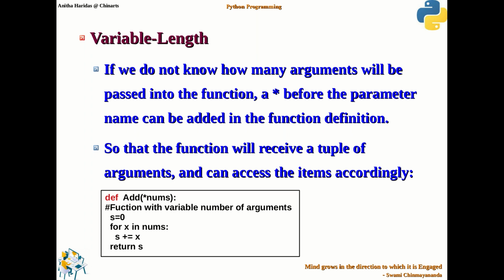In your C program, if I want to pass 5 values, I would declare 5 different variables, or for 3 values, a 3-argument function. But here, because I have variable length arguments, you can pass any number of arguments when you call the function. To achieve this, we use the star variable, which is somewhat similar to tuples.